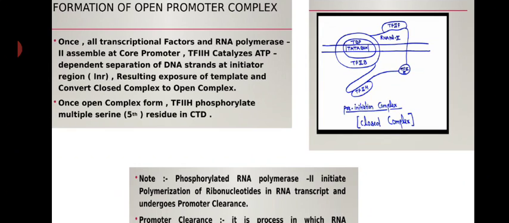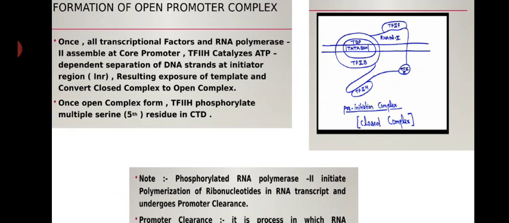This results in the exposure of the template, that is, we require a DNA template to carry out the process of transcription. This exposure of the template converts the closed complex into the open complex.